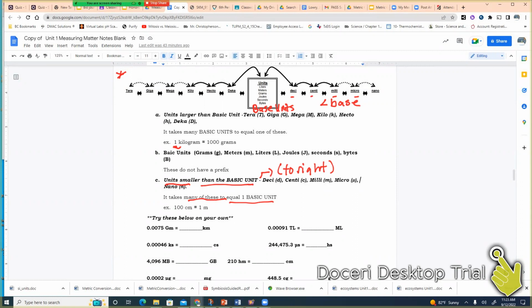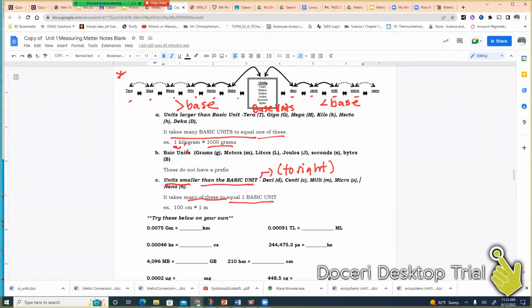On the other side over here, we have all of our prefixes that have to do with larger numbers. On this side, these are greater than the base, so it takes many base units to equal 1 of our larger prefixes. Once again, kilo is probably the one you know the most, and it takes 1,000 grams to equal 1 kilogram. Whenever you're working with these, you're moving your decimal by seeing how many places you have to jump.